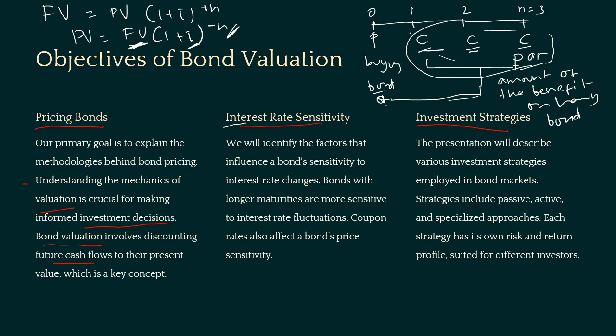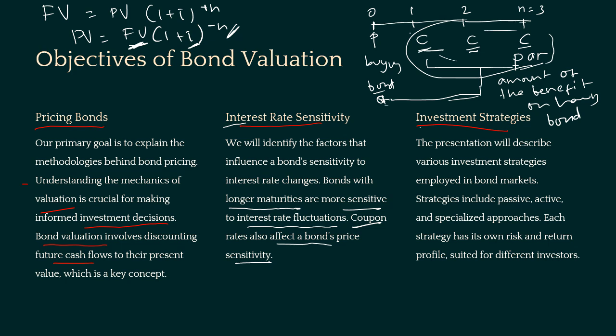Whenever the bond has a longer maturity time, it will be more sensitive to interest rate fluctuations. And also coupon will affect bond price sensitivity. If the coupon has a higher value, then of course the value also will be higher, and the price will be more expensive.